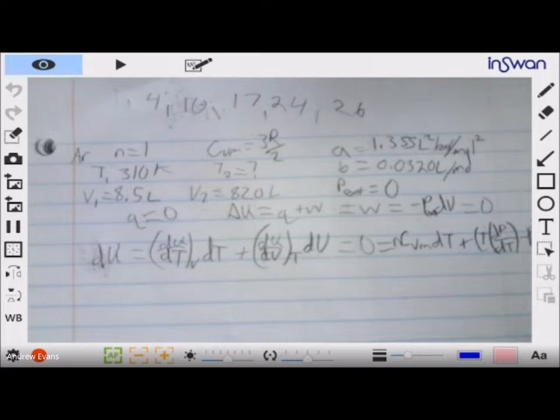So those two things, when they sum up, must equal 0. So we can do a differentiation of the ideal gas equation and a differentiation of the van der Waals equation and see what we get.